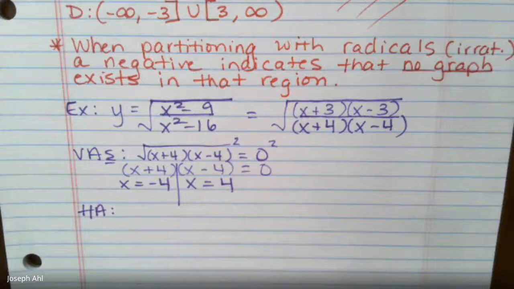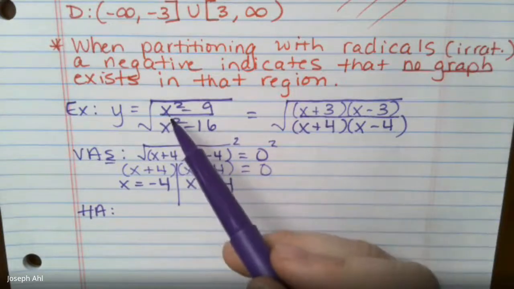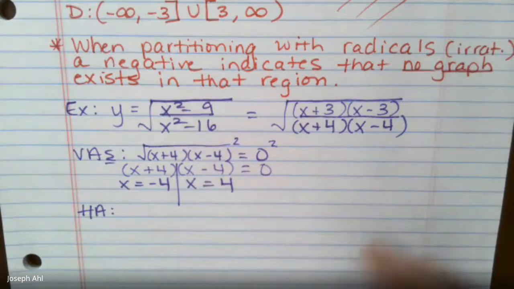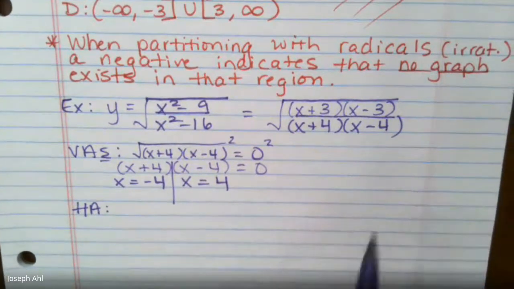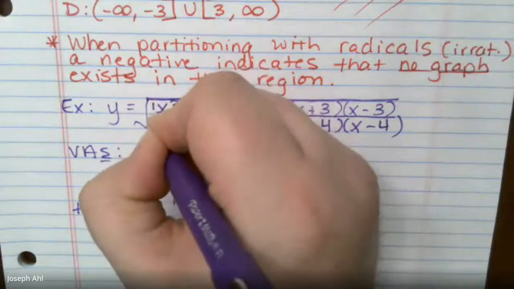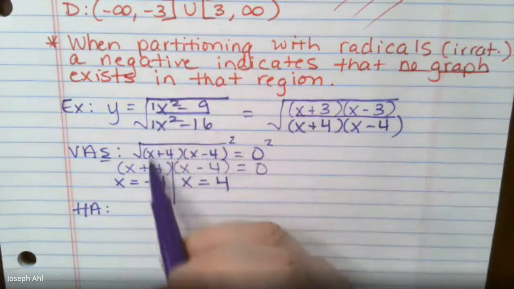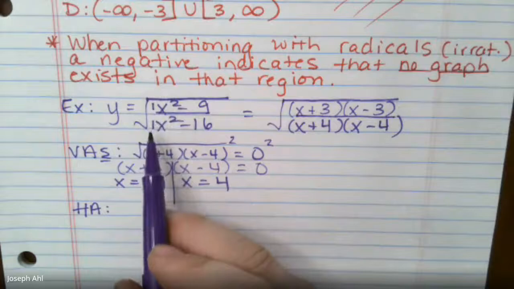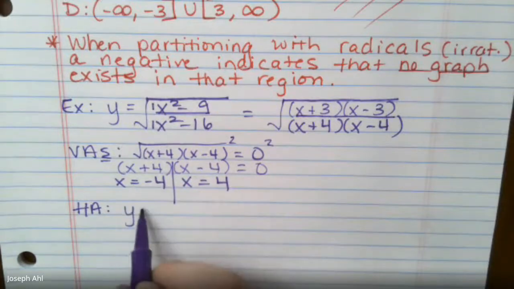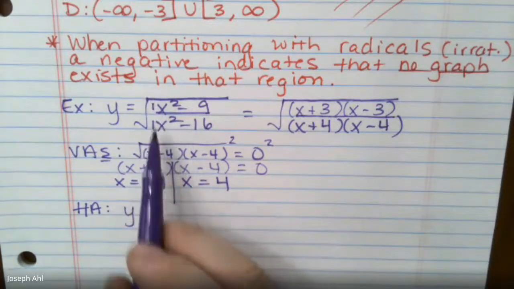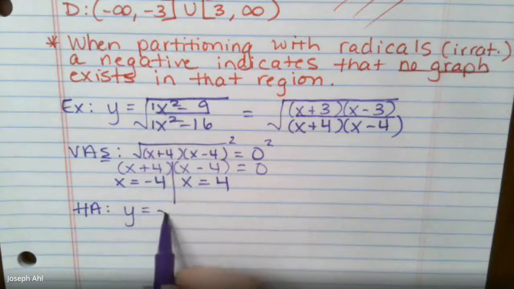Okay. Moving on to a horizontal asymptote. I know it has a horizontal asymptote because this fraction is equal heavy. You just have to be a little bit cautious, because when you find the horizontal asymptote with those coefficients both being 1s, you would say, okay, well, 1 divided by 1 is 1. But it's really, in fact, in the end, whatever that ratio is, it's the square root of that ratio.